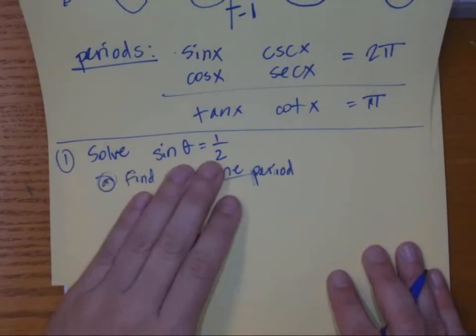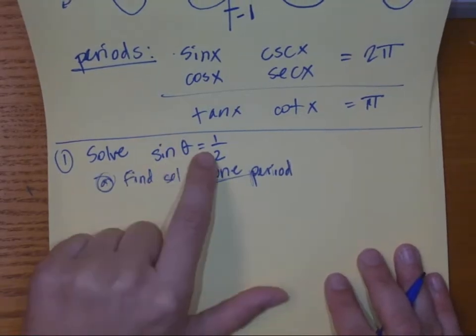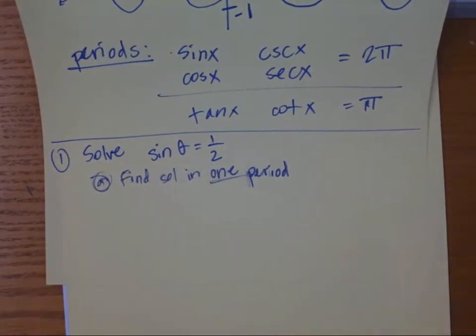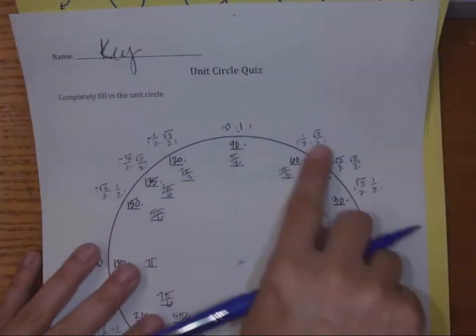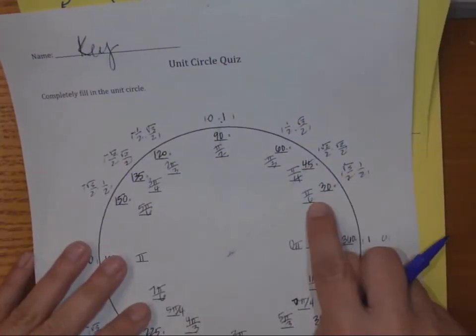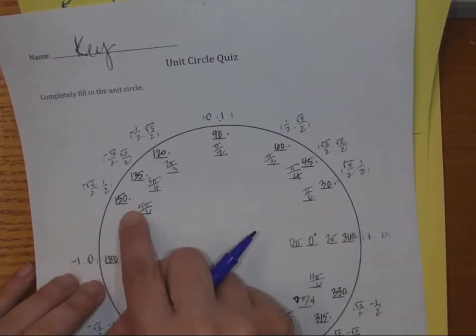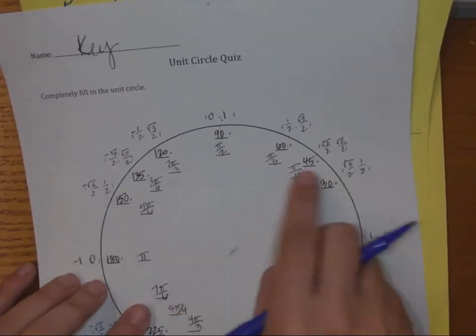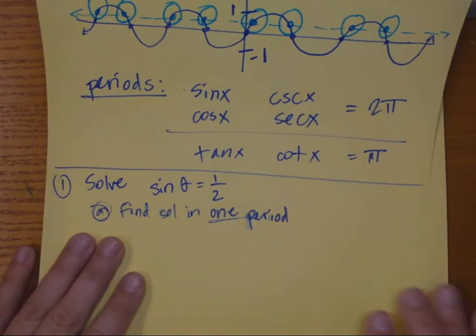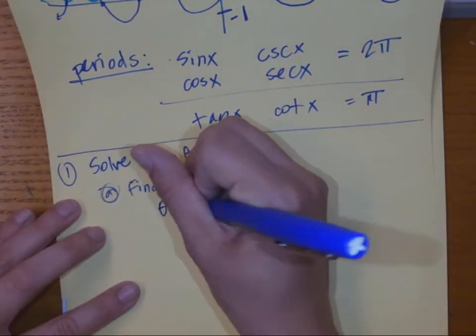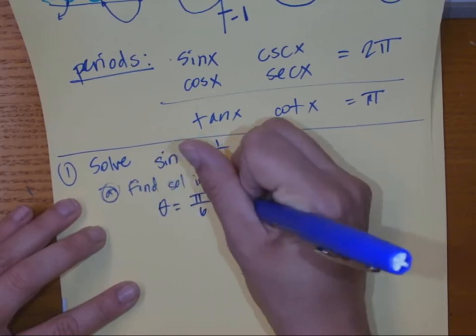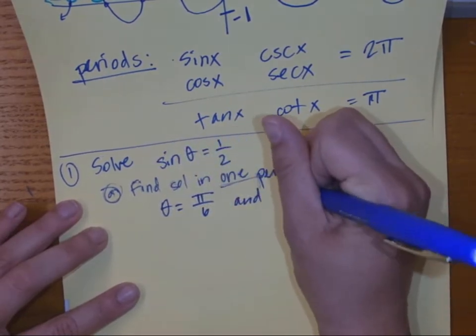To find the solutions in one period here, since it's 1/2, I can use my unit circle reference angles. Sine, again, is the y value. Where's the y value equal to 1/2? It equals 1/2 at pi over 6 and at 5 pi over 6. So I know that theta is pi over 6 and 5 pi over 6.